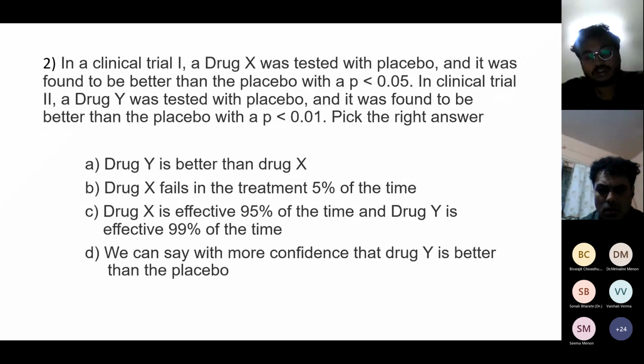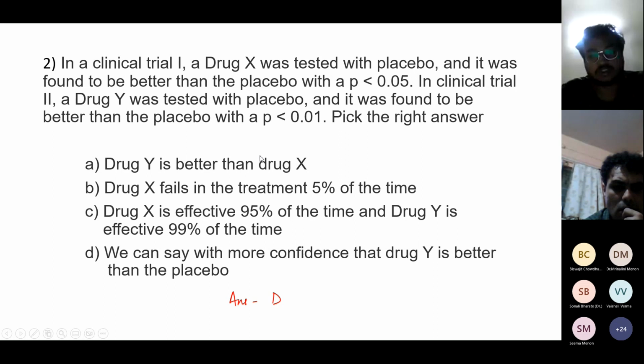So here the answer will be D, which is we can say with more confidence that drug Y is better than the placebo. Since these are separate clinical trials, we cannot directly compare the action of drug X to drug Y. So we cannot make any such statements as drug X is better than Y or drug Y is better than X. For the other two options, we are not given the exact p-values.